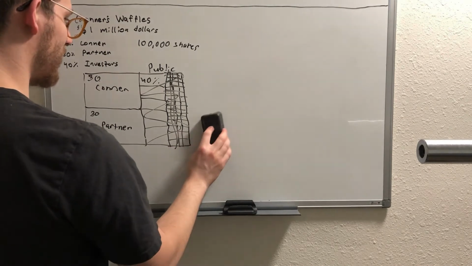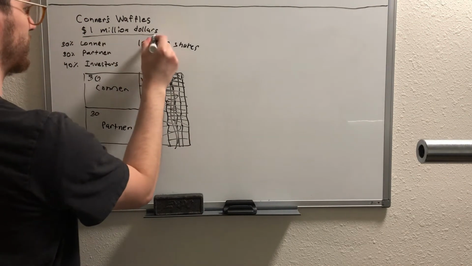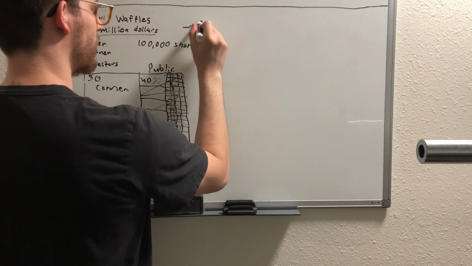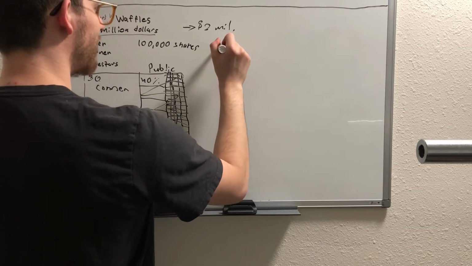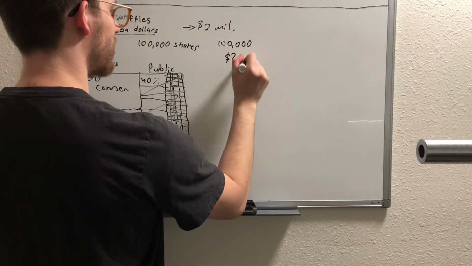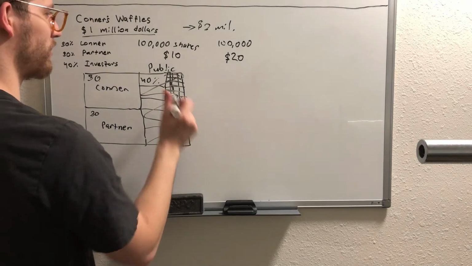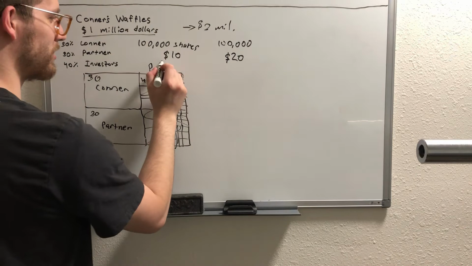So now we're going to talk about price changes in the stock. My company is worth $1 million. Let's say after a year, it's then worth $2 million. We still have 100,000 shares of stock, but the stock is now worth $20 instead of $10 each. If we have 100,000 shares, a million divided by 100,000 is $10.